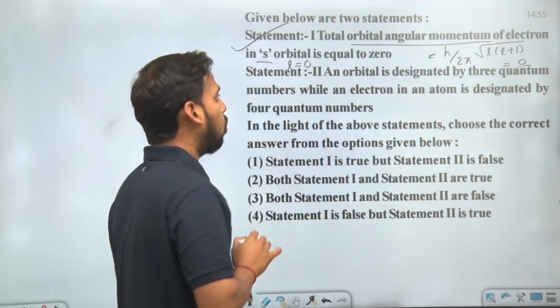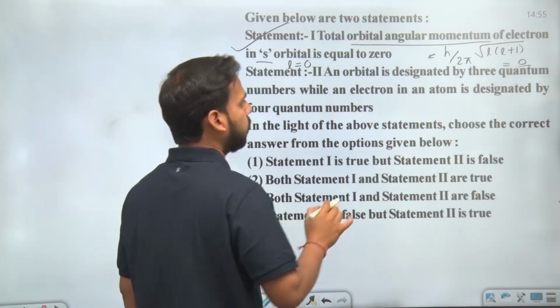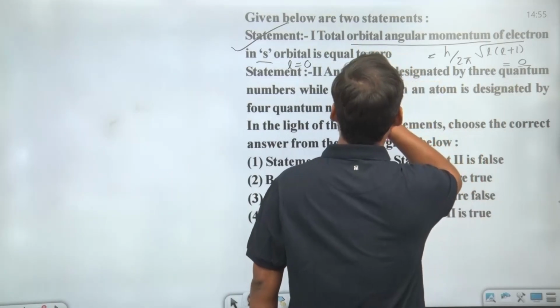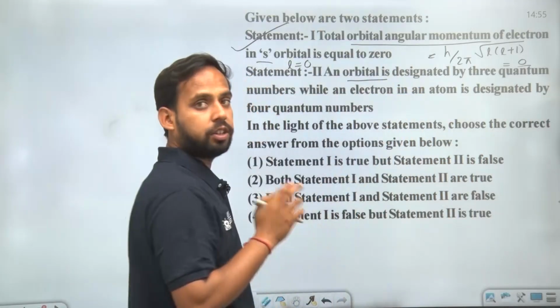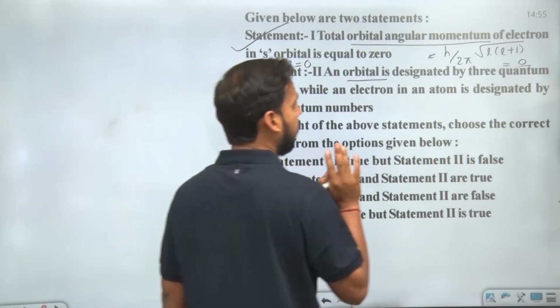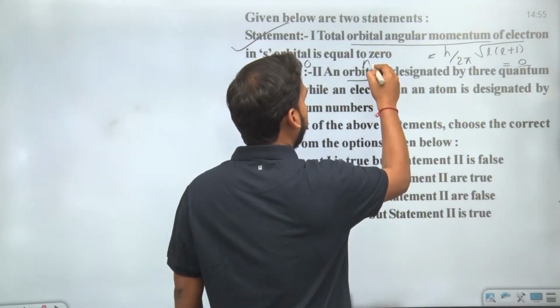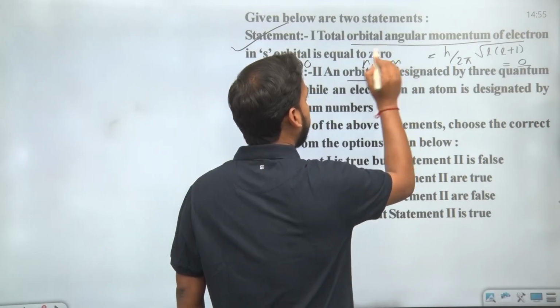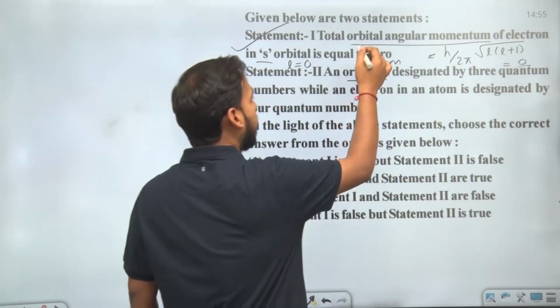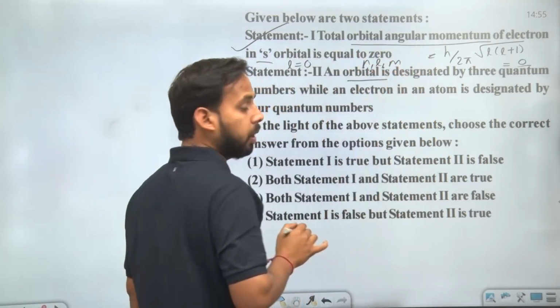Now statement 2: an orbital is designated by 3 quantum numbers. For any orbital we have to define, we require 3 quantum numbers, that is n, l, m: the principal quantum number, azimuthal quantum number and the magnetic quantum number.